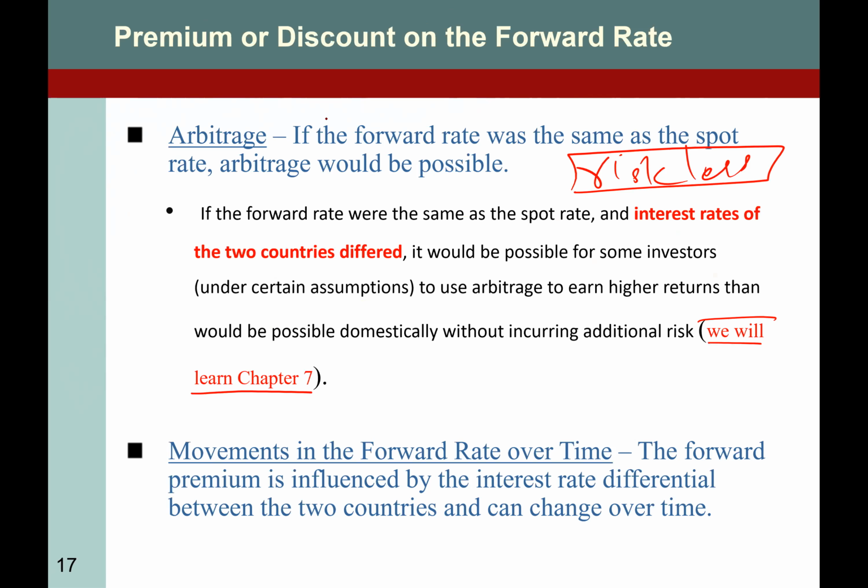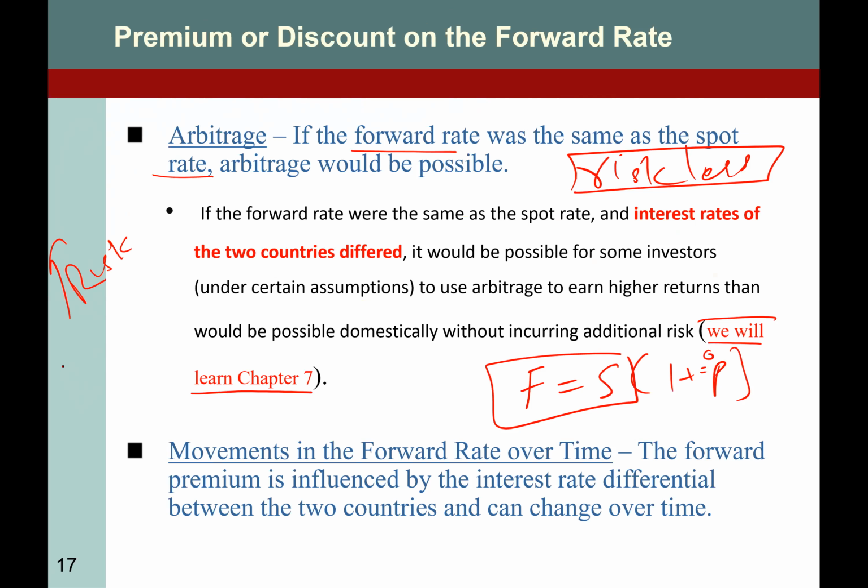So if the forward rate was the same as the spot rate, which means forward is equal to spot, which means premium is equal to 0, then arbitrage is possible, which means there is no risk and you can still make profit. The finance or business rule says that higher the risk, higher the profit. But if there is no risk, there is no profit. But here arbitrage is riskless profit.